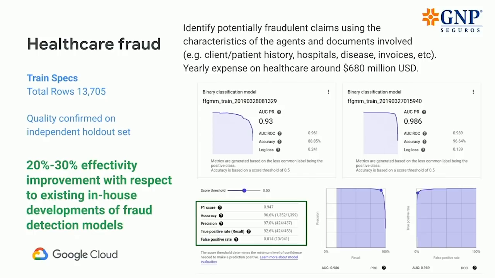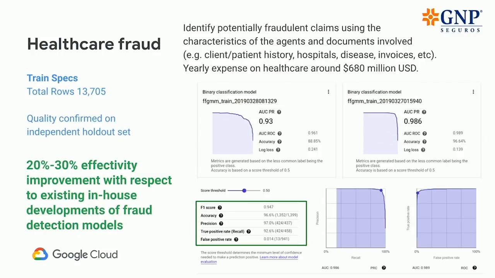And I want to highlight that this model had a very high quality compared by the F1 score of 0.94, and we confirmed this quality on an independent holdout set, and I want to highlight that it got 20 to 30% improvement with respect to our existing ML solutions.